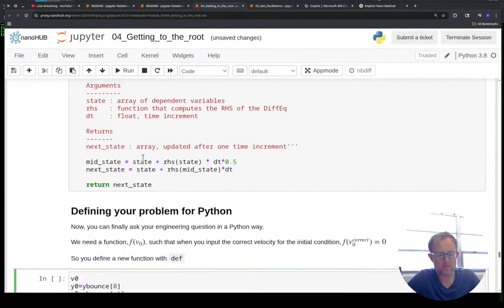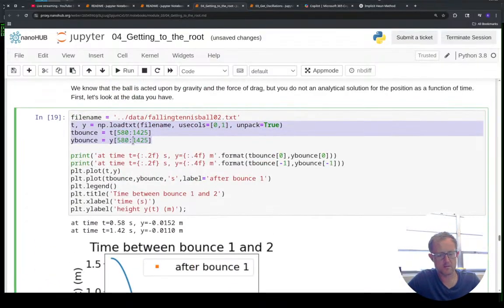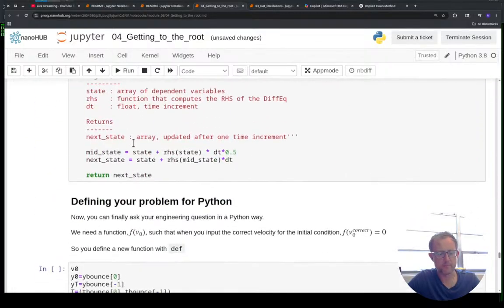And this Y bounce, let me go grab that data, just so we have everything in one spot.